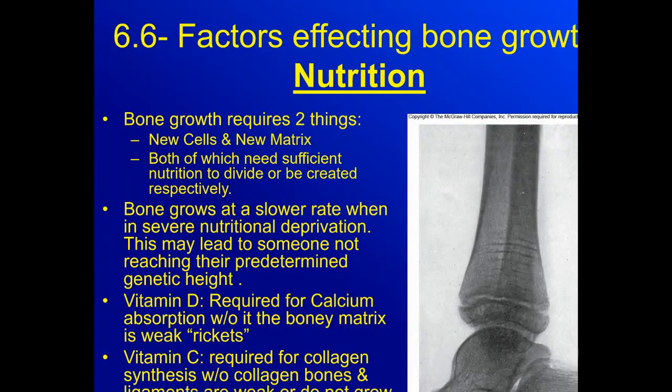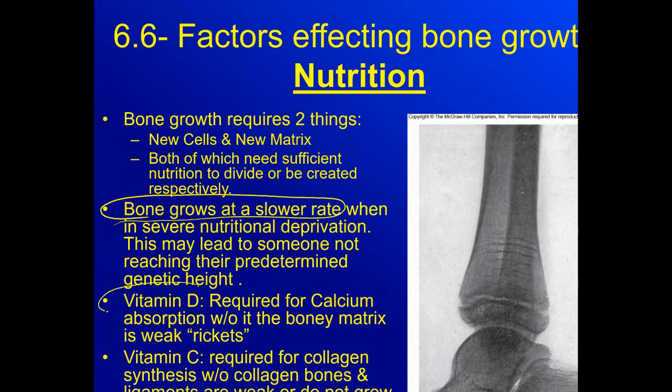If you're going through a period of starvation, your bones will start to grow at a slower rate, okay? Especially if you're in severe nutritional deprivation. In other words, you're not eating like you should be eating. It can lead to somebody not reaching their predetermined height, their genetic height.